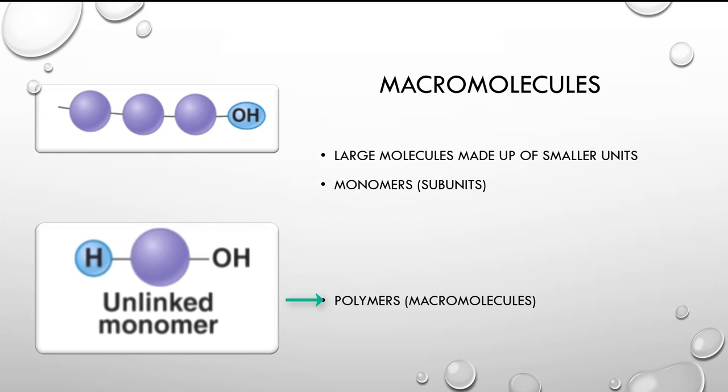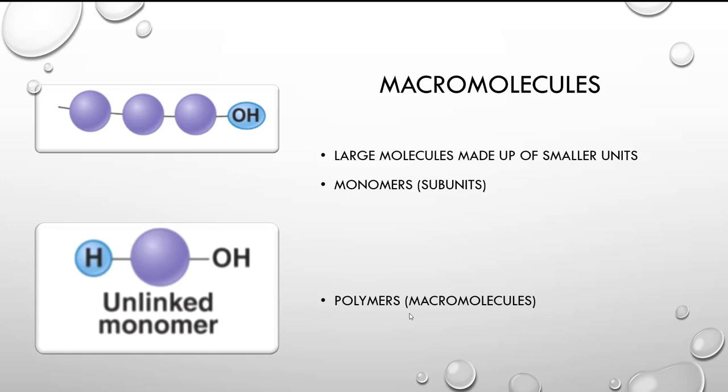You can see an example. Here is an unlinked monomer. This is some sort of molecule, whatever it is, with a hydrogen on one side and a hydroxyl group on the other side. Now, if we have multiple of these monomers, we can stick them together to form a polymer, a macromolecule.